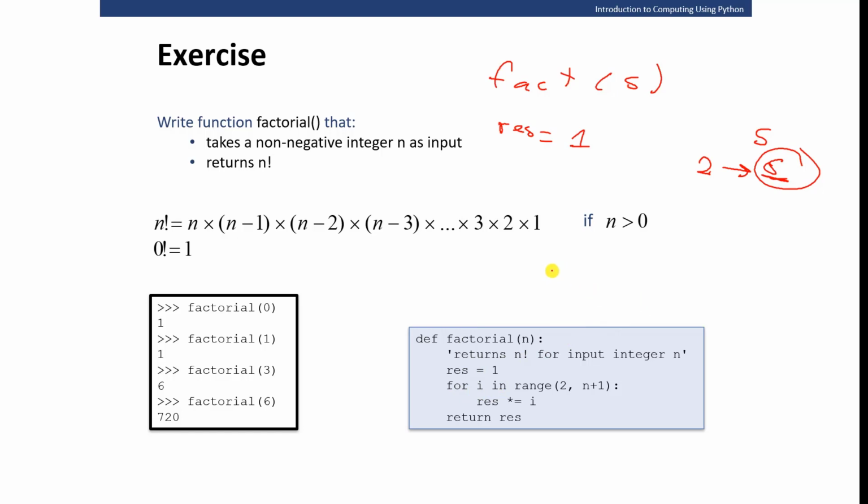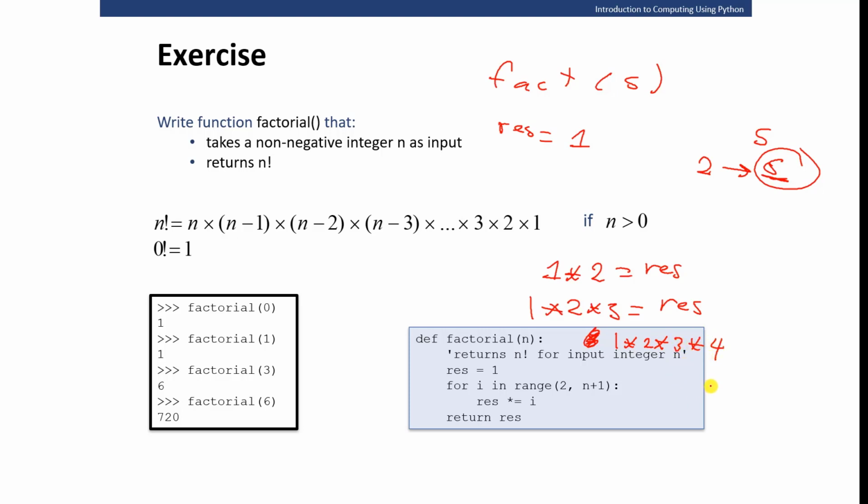We will multiply the result, which is 1, by 2, and that's equal to result. Then at the second iteration we will multiply 2 by 3, and this will equal my result. Now at the third iteration, let's keep it this way: I have the previous value of result, 1 multiplied by 2 multiplied by 3, and it's going to be multiplied by 4.